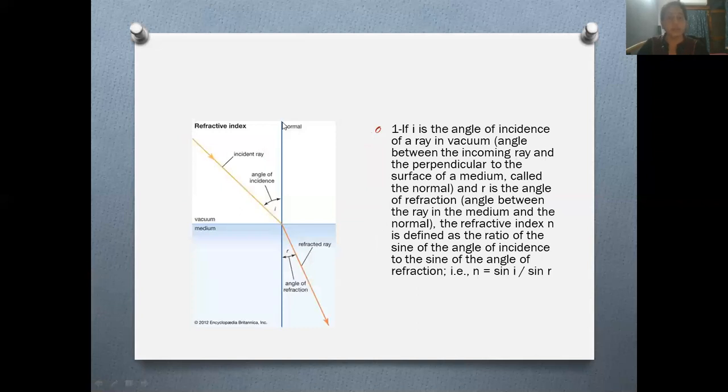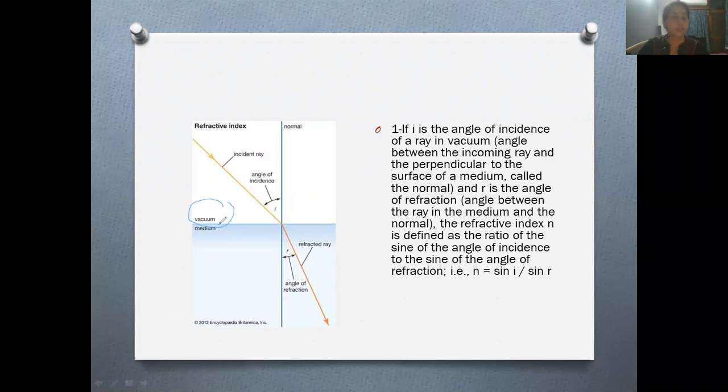Now this is a system, where one medium is vacuum and another medium is a little denser than the vacuum. So when the light travels from a rarer medium to a denser medium, it bends towards the normal.